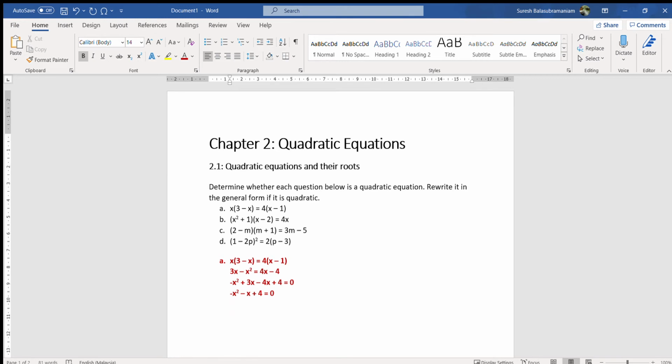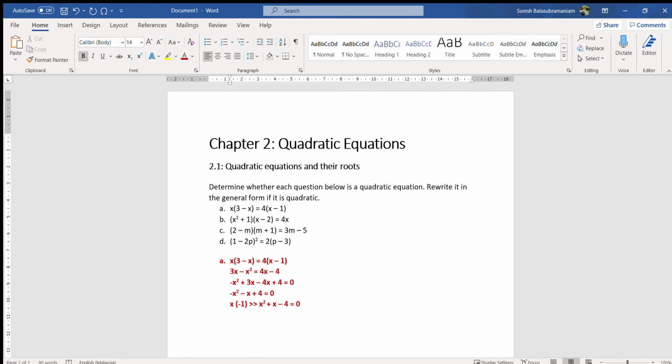I want to eliminate the negative sign in front of x square, so I'll multiply with negative 1. When I multiply with negative 1, I'll get x square plus x, 4 multiplied by negative 1 gives minus 4 equals 0.